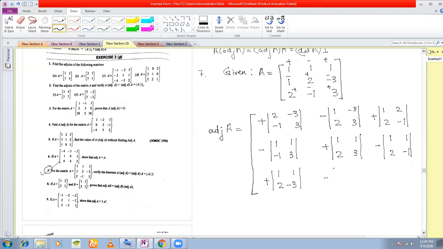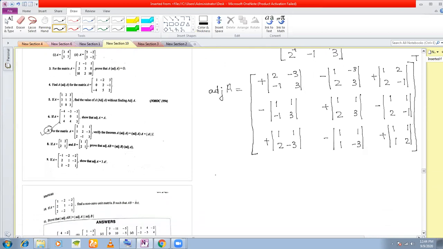With the minus sign, you have [1, 1; 1, minus 3]. And again with the plus sign, you have [1, 1; 1, 2]. And not only this, but the transpose of all this. This is your adjoint. So let us now find the values of these determinants.